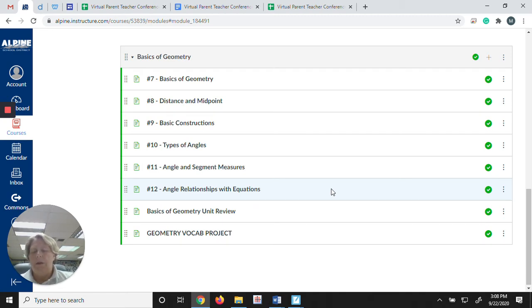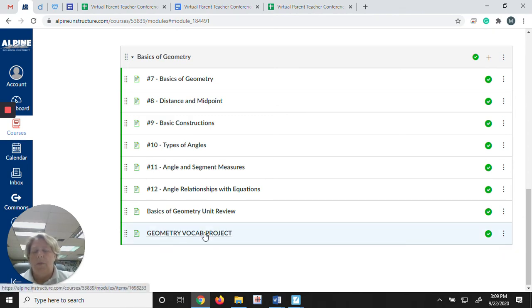And then on the 28th, we will have a unit test. So, geometry unit test. The following time, which would be the 30th, your child has a geometry vocabulary project due.